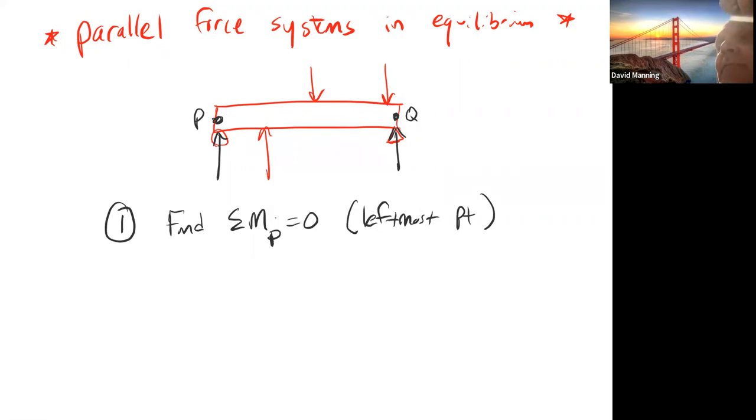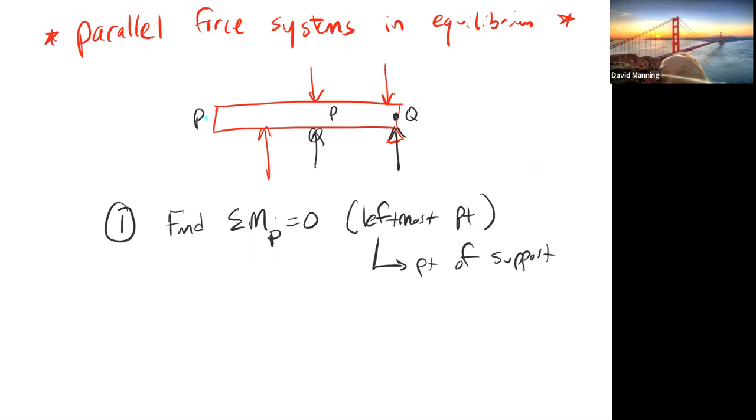What I mean by leftmost point is a point of support, where the support occurs, because that's what it's going to rotate about. So if the point were in here, if we had a circle in here, and this was point P, then that would be your leftmost point.